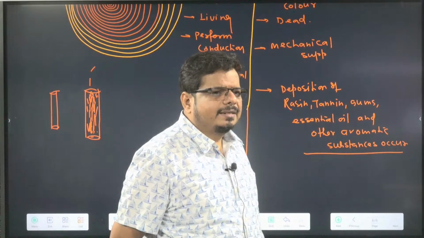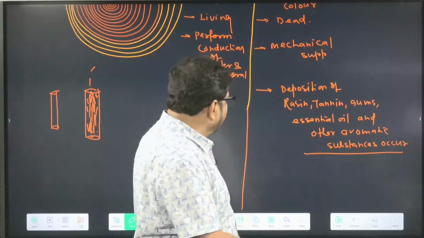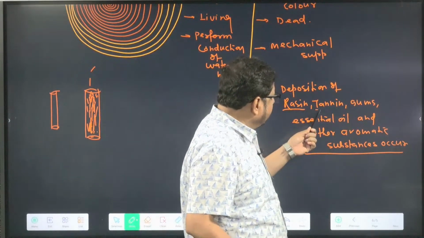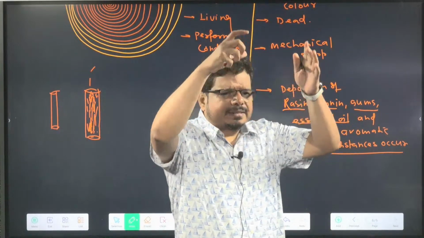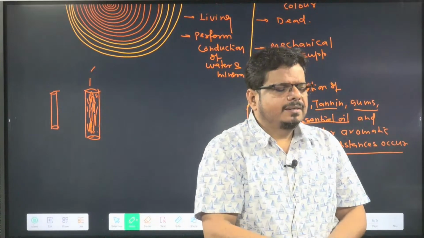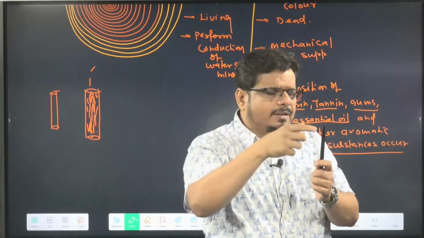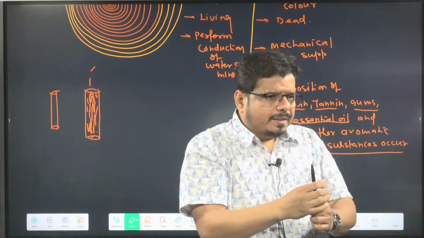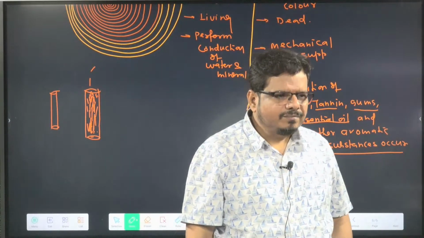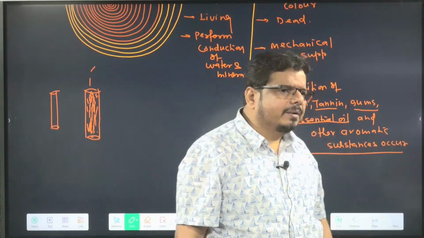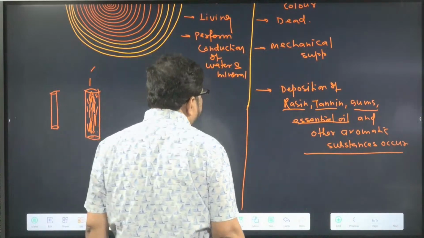Who is depositing in this pipe? In heartwood, resin, tannin, gums, essential oil. So both tracheids and vessels are basically blocked. And when a pipe gets blocked with something, it is no more empty, so it becomes denser, na? And due to that reason it becomes which color? Dark brown due to deposition of this.